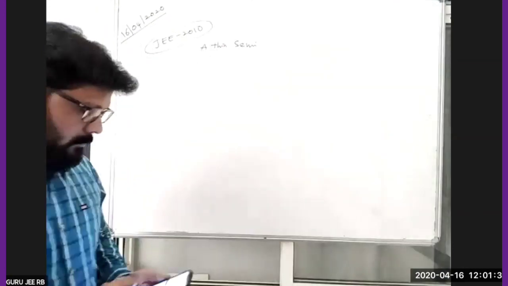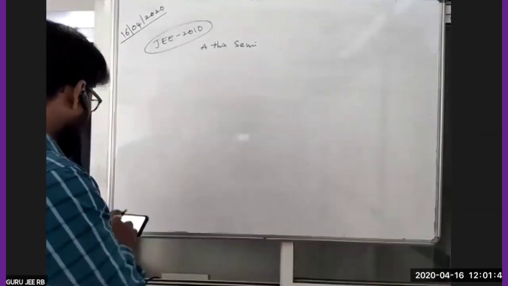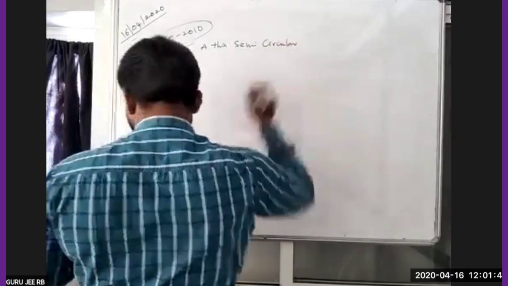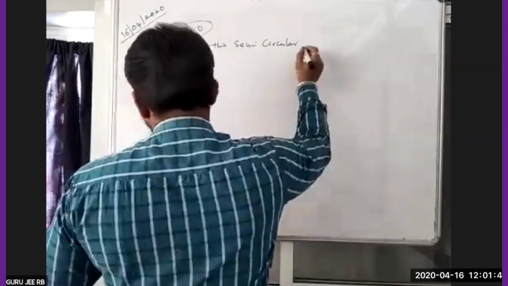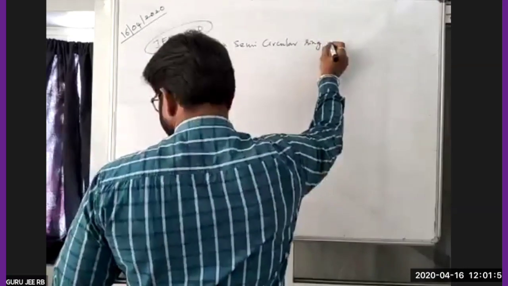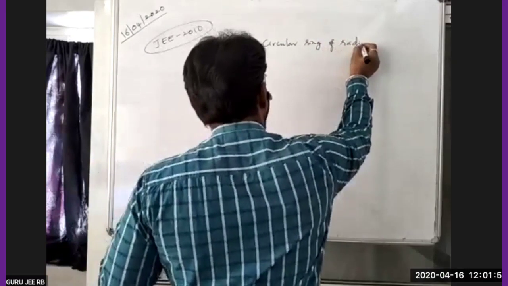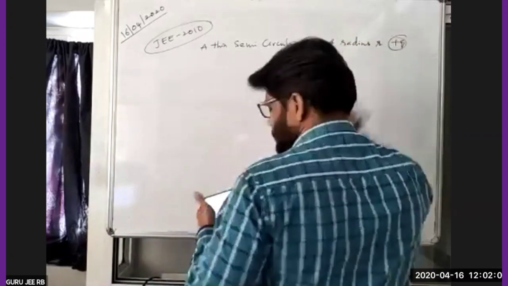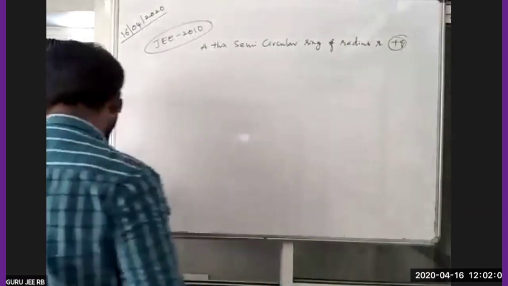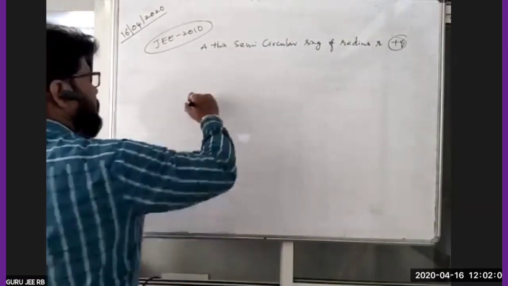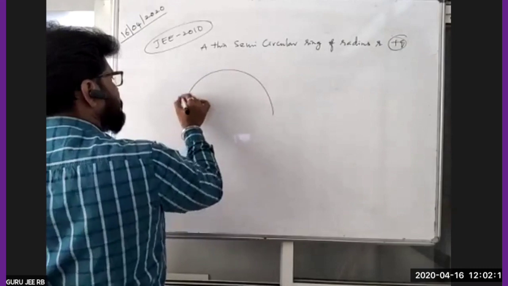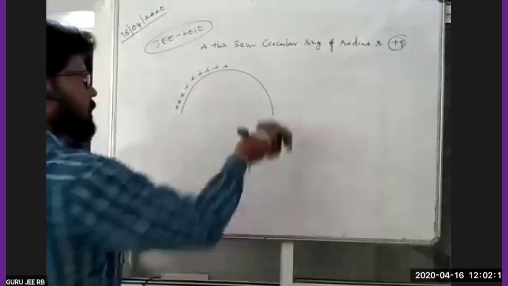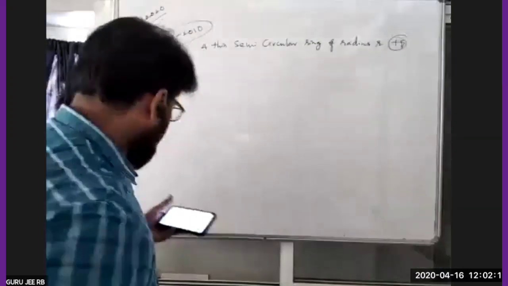Sorry for the disturbance. Now, a thin semicircular ring of radius r has positive charge distributed uniformly. Positively charged uniformly.